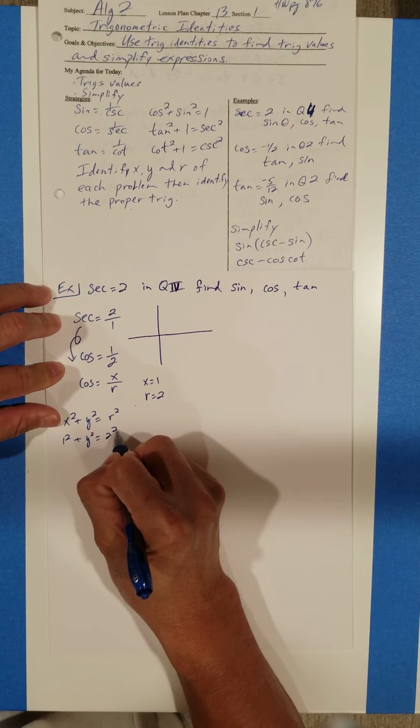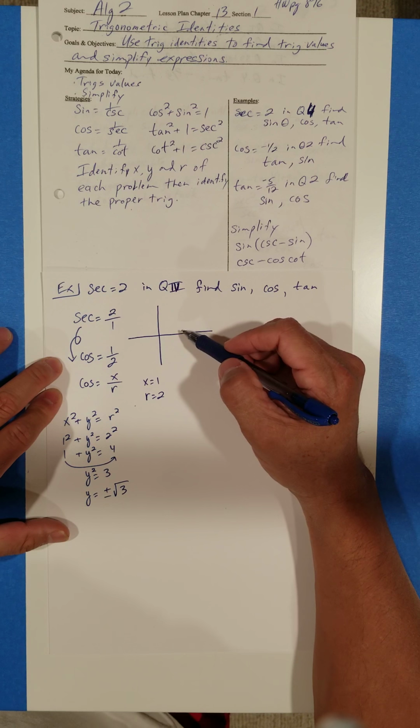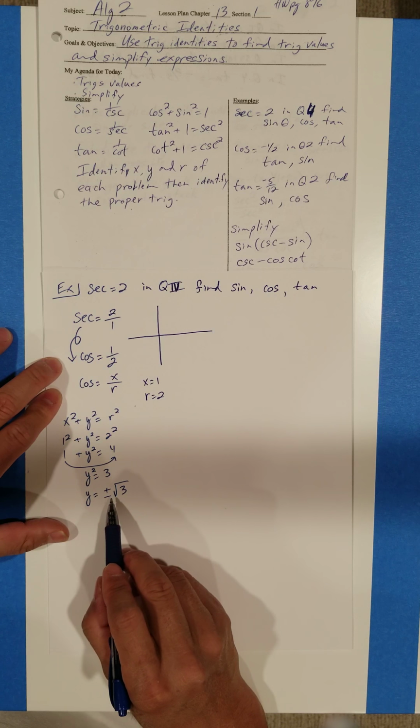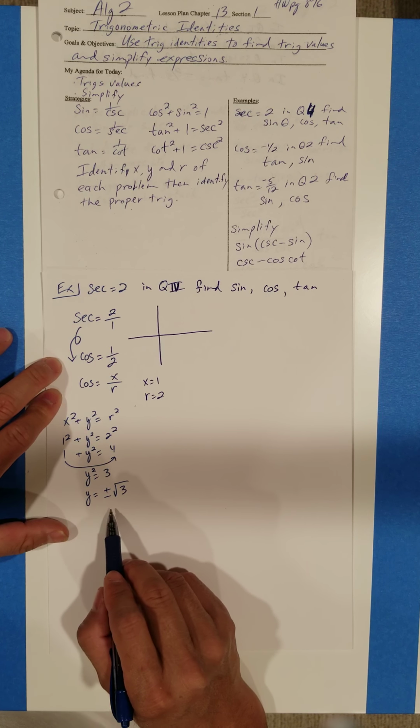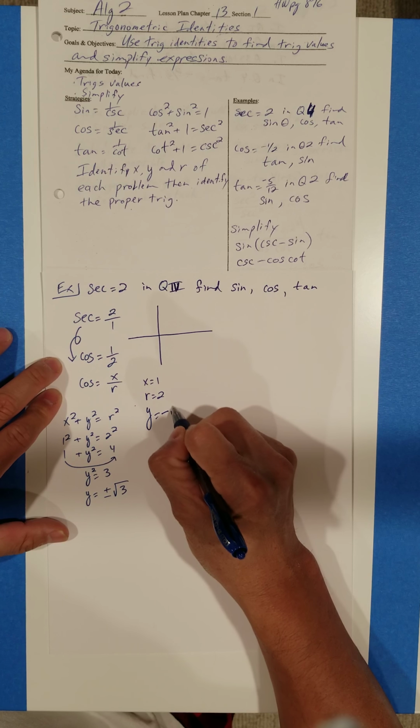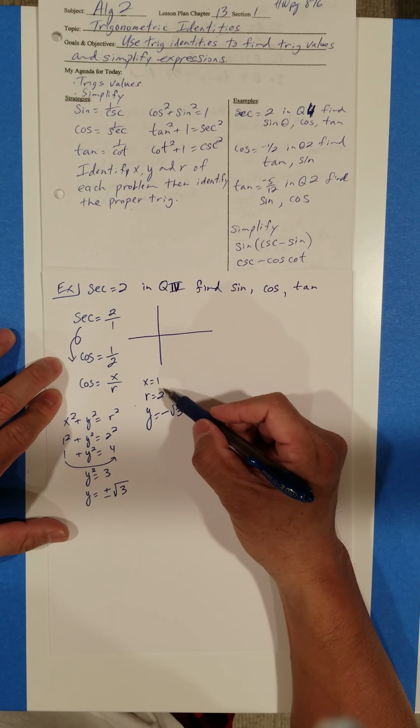Now, we're in quadrant 4, so is y a positive radical 3 or a negative radical 3? That's what you have to ask yourself. In quadrant 4, y is negative, so y is negative radical 3. Now we have x, y, and r.